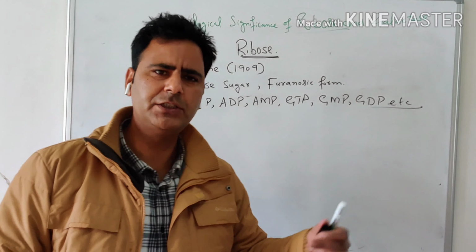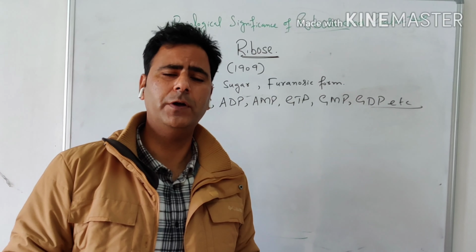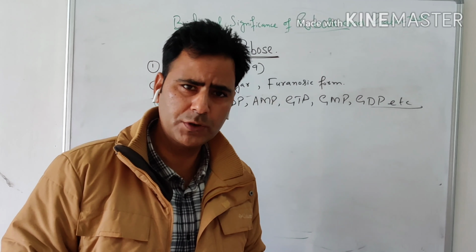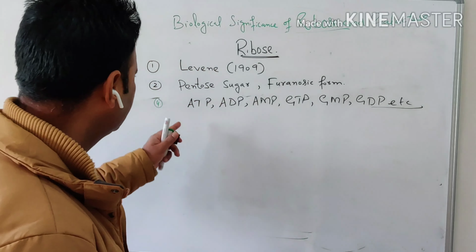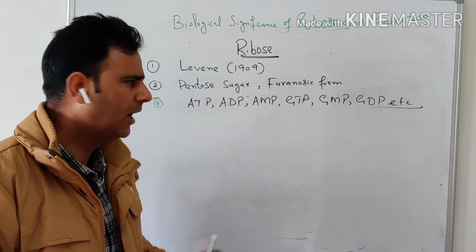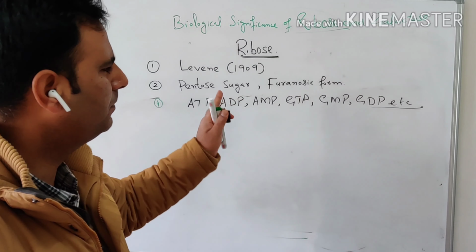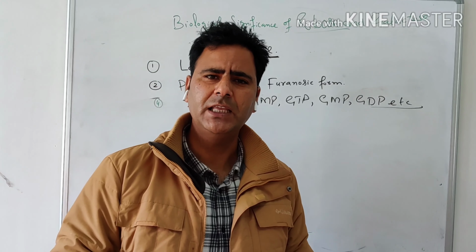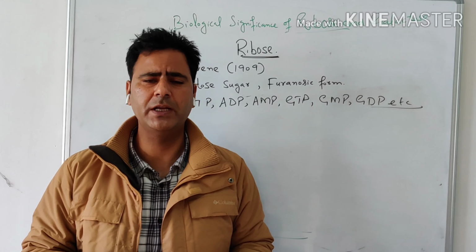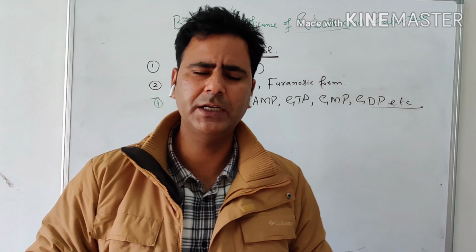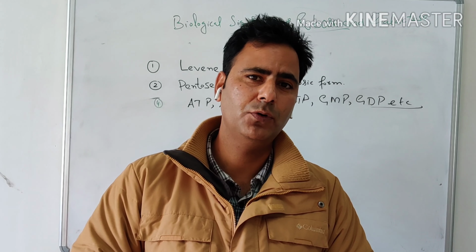ATP is an energy-rich compound occurring everywhere in the body as the source of energy. ATP, ADP, AMP, GTP, GMP have one important constituent, that is ribose.